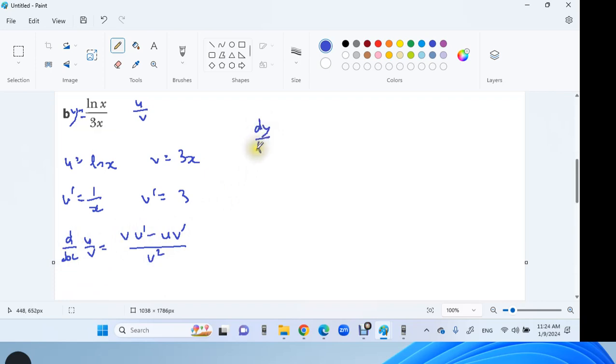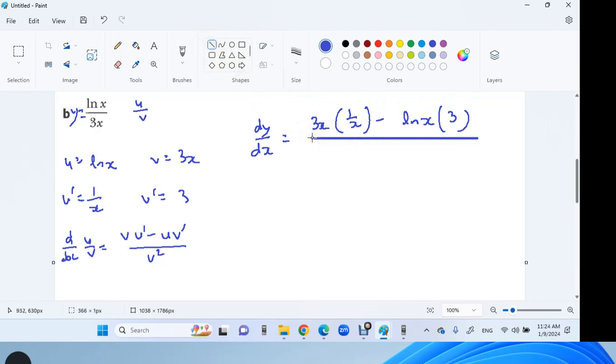So the dy/dx here is we copy the one down, differentiate the one up, minus the one up, differentiate the one down, and the whole thing divided by the one down squared. So this one is 3x squared.